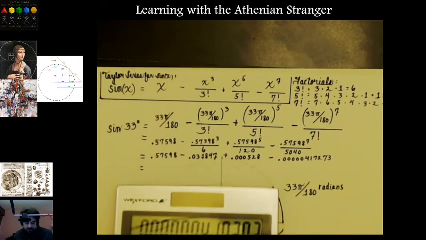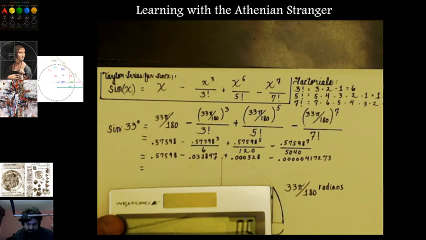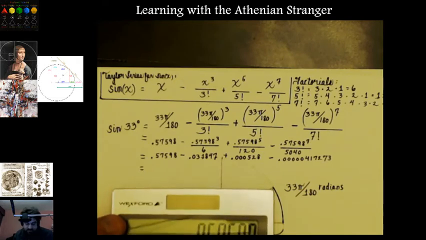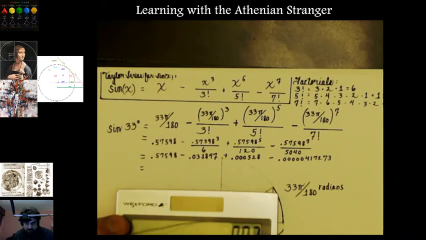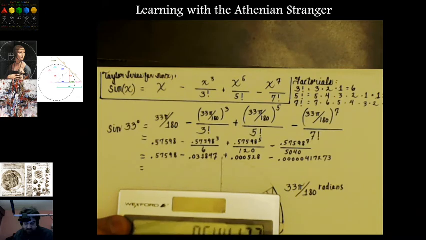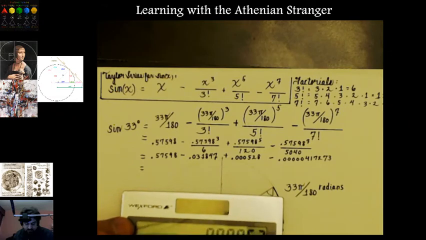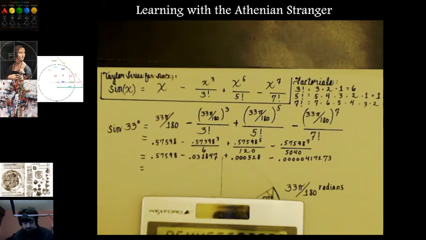All right, so I'm going to start with 0.57598 minus 0.031847 plus 0.000528 minus 0.0000417273 equals.